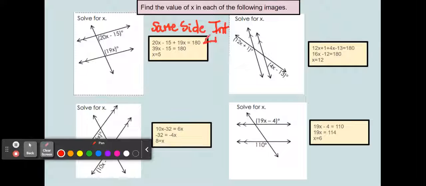Same side interior angles are supplementary. So notice we added them together to be 180 degrees. And then solve that equation. 20 plus 19x is 39x. Minus 15 equals 180. Continue solving that and you end up with x equals 5.